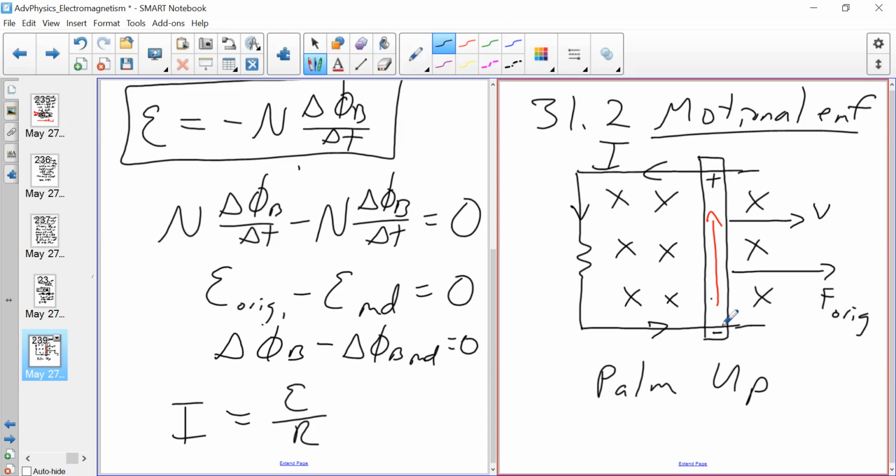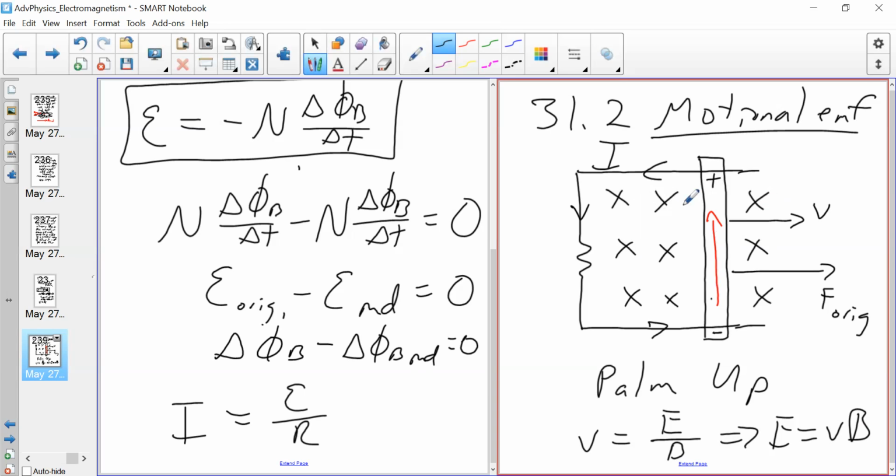As a result of that, we have an electric field in this wire that is the result of this formula here, as we saw back in chapter 30. So the electric field is going to be the velocity of the bar times the magnetic field that's going through this little area. Again, this conducting bar is going through this region of magnetic field.